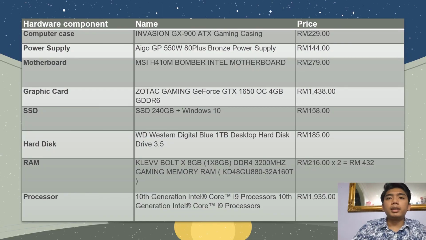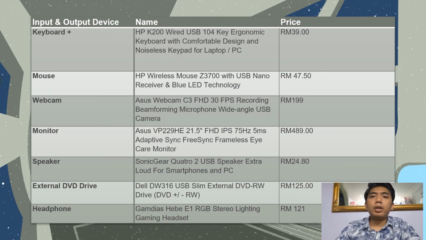Okay, this is an example for the hardware component prices, which is the computer case, power supply, motherboard, graphic card, SSD, hard disk, RAM, and the processor. Okay, for the input and output device, there are keyboard, mouse, webcam, monitor, speaker, external DVD drive, and the headphone.